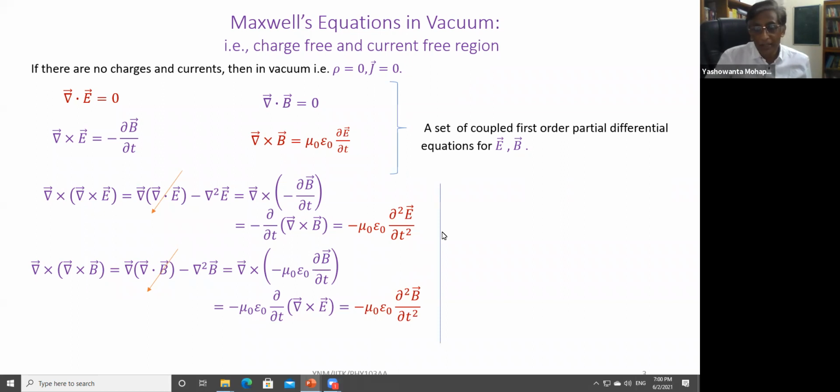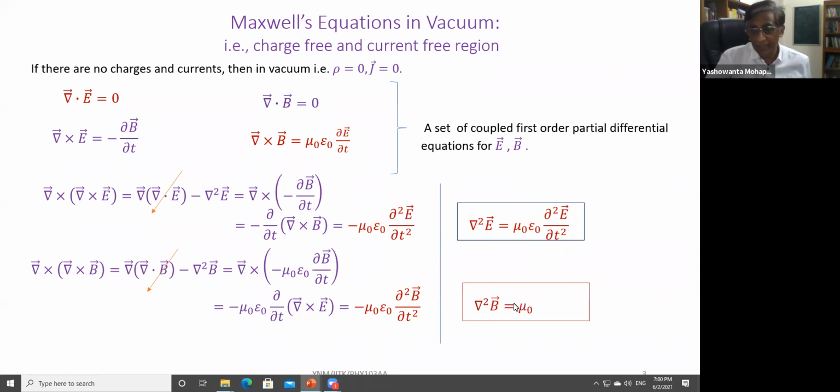Okay, and so let's write it down. The first one becomes del square E equals mu naught epsilon naught del square E by del T square, and the second one of course becomes exactly similarly del square B equals mu naught epsilon naught del square B by del T square. Okay. And you can see the crucial role that this minus sign has played in being able to do this. Okay, Lenz's law.